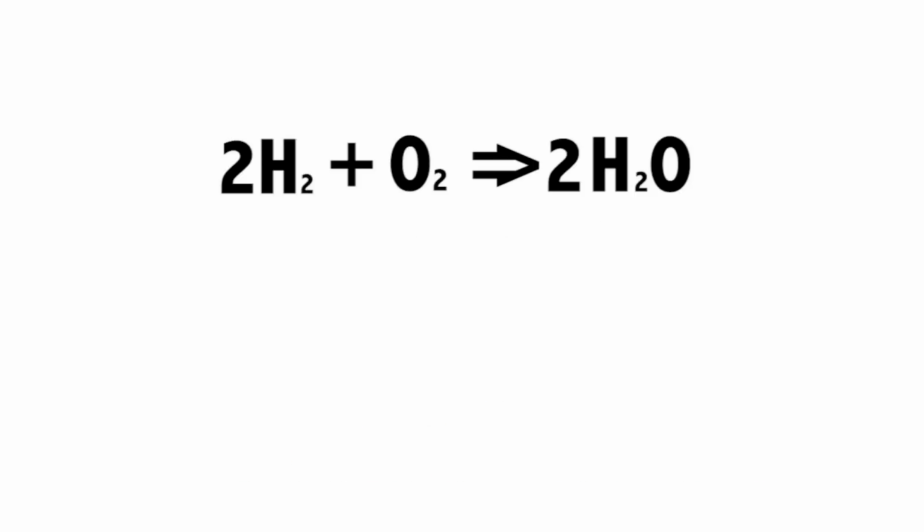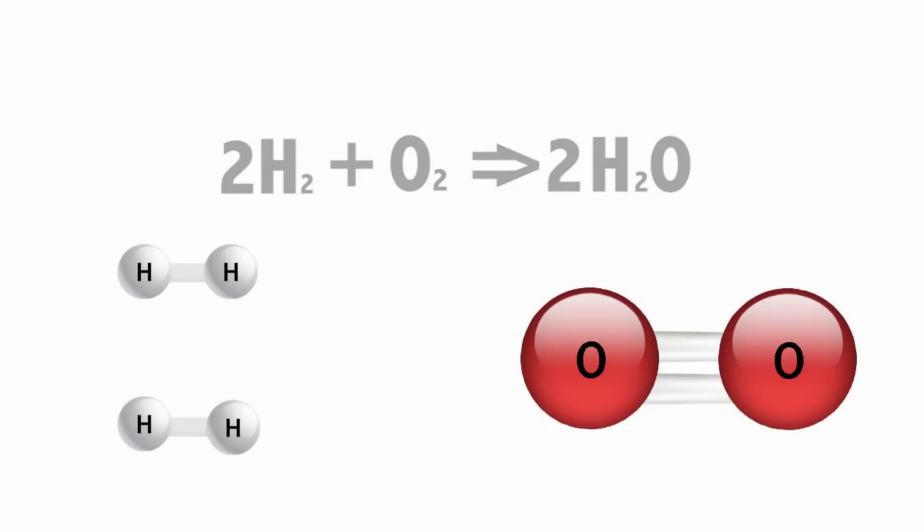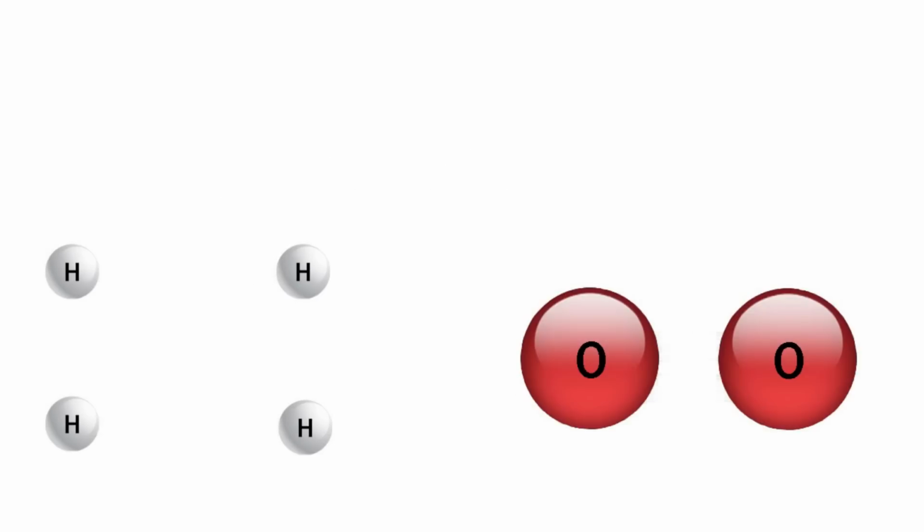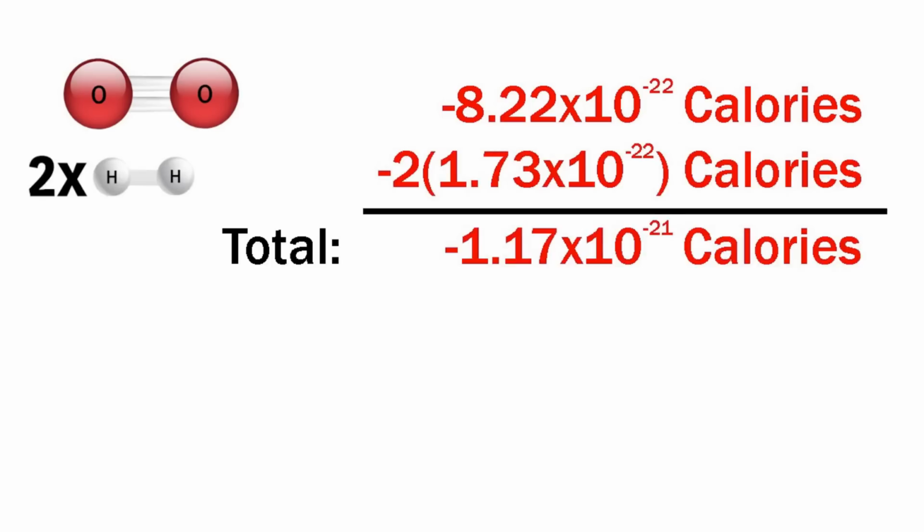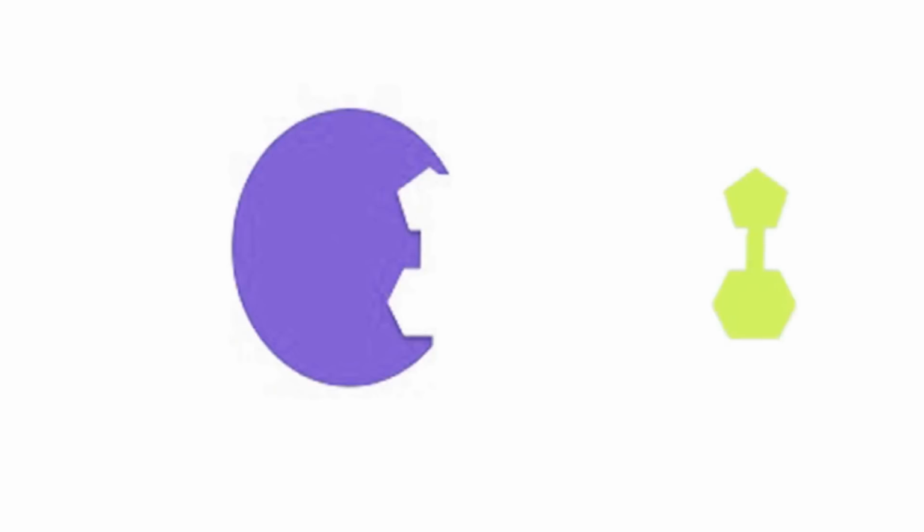The reaction of hydrogen plus oxygen to form water takes two hydrogen molecules and one oxygen molecule. To start the reaction, the bonds between the hydrogen and the oxygen need to be broken, and that takes a lot of energy. But using a catalyst will reduce the amount of energy that it takes. And that's because catalysts have a high affinity for some reactants.